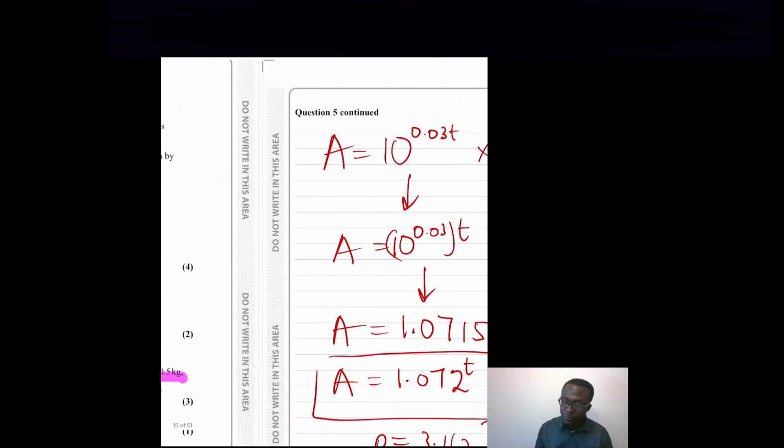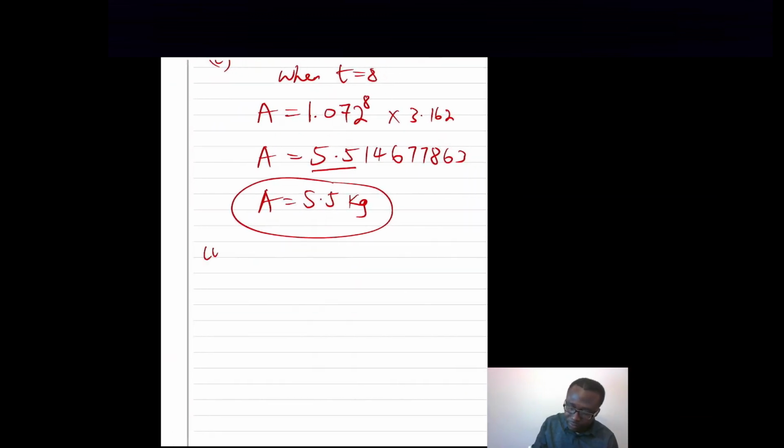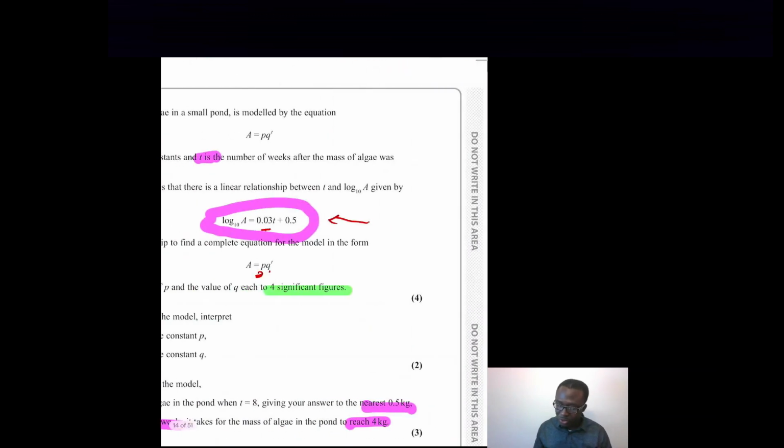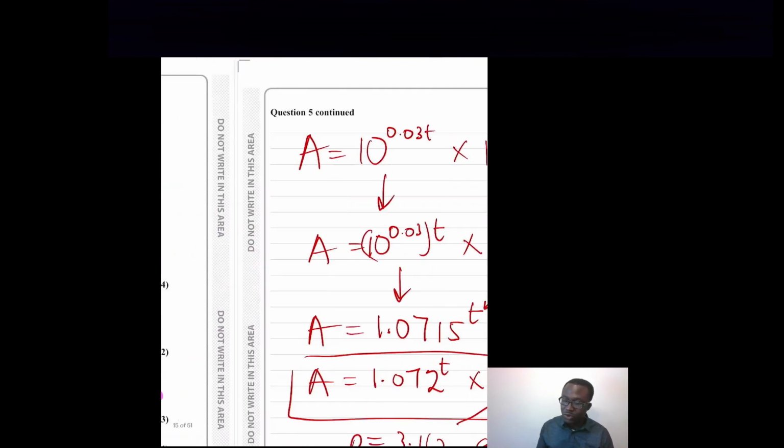So we're going to go back there. So this is (i). So now we're going to (ii). We know log of A to base 10 is equal to 0.03t plus 0.5. Here we've been told to work out t when our A, our algae, is 4 kilograms.